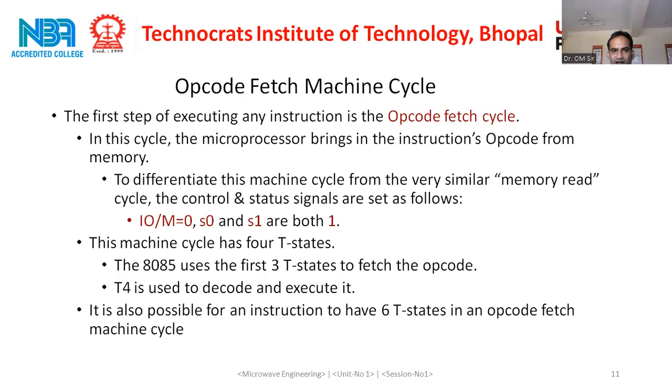The machine cycle has 4 T states. The 8085 uses the first 3 states to fetch the opcode, and the next one to decode and execute it. It is also possible for an instruction to have 6 states in an opcode fetch machine cycle.